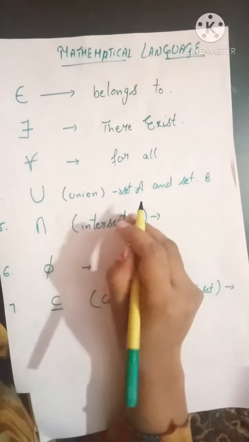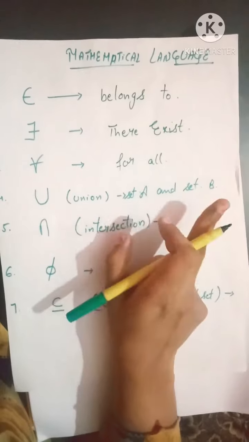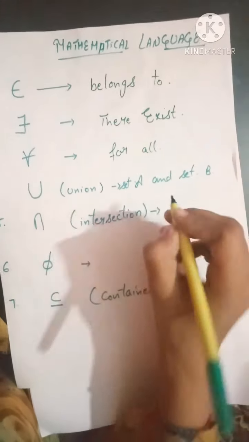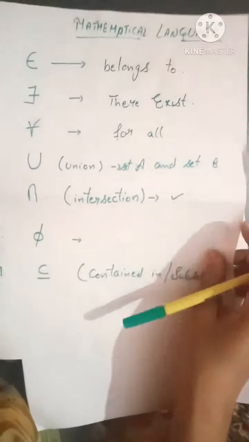That is, if you have set A and set B, the common part of both sets is called intersection. Let's clear it with an example.